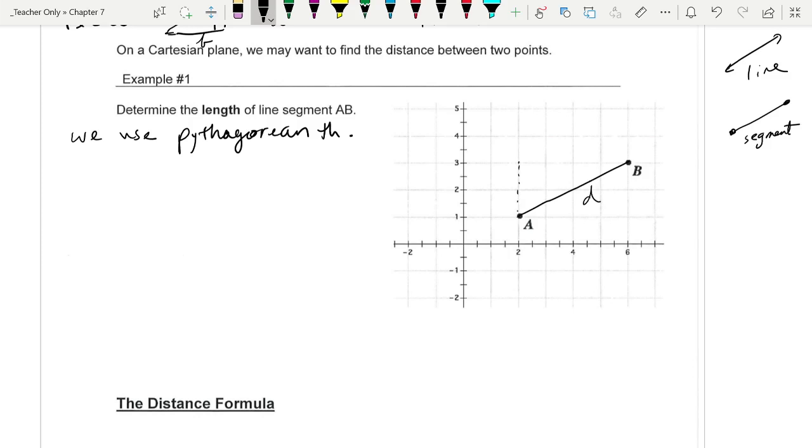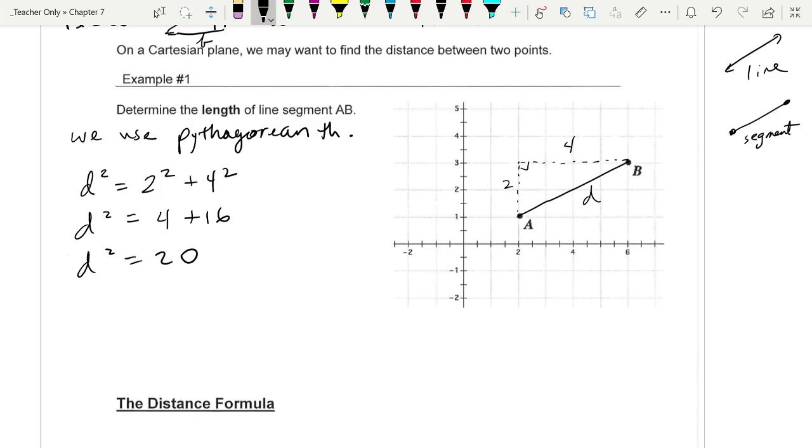We'd get the rise and the run. So we're already fairly used to looking at those sides. This is 2 and this is 4. So D squared, because that's the hypotenuse, is equal to 2 squared plus 4 squared. And of course, D squared is equal to 4 plus 16. So D squared is equal to 20.